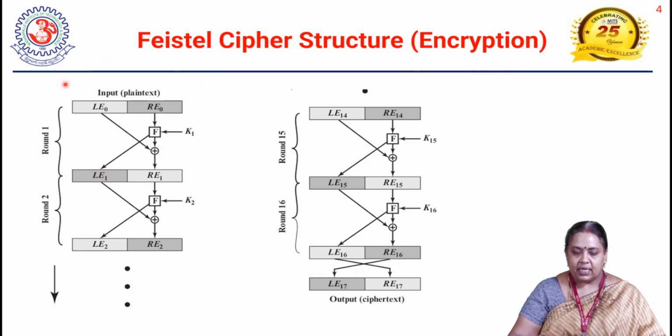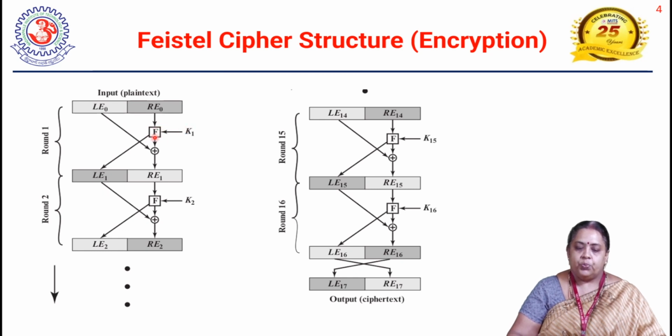This is how we follow the Feistel cipher in rounds. The input plaintext is divided into two equal halves, one called the left half and the second the right half. The right half bits are sent into a function, on which we are using a key.